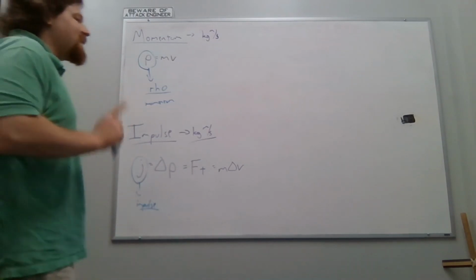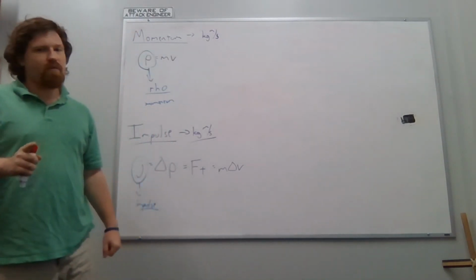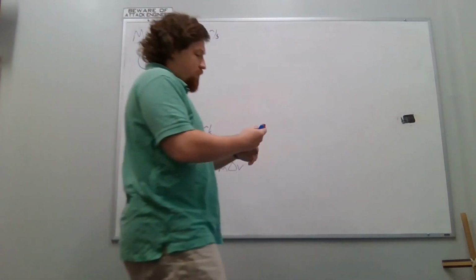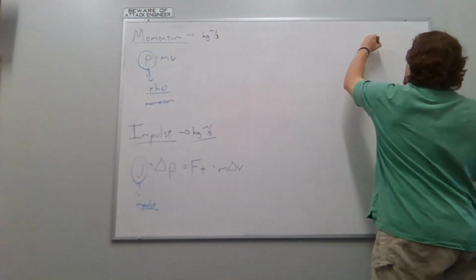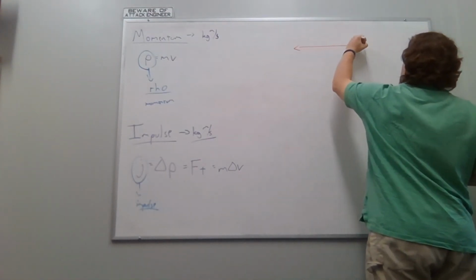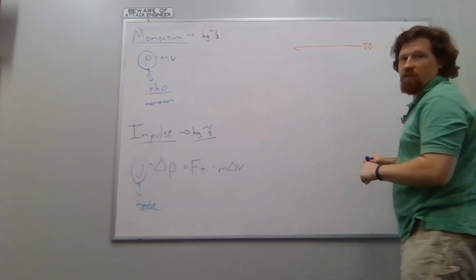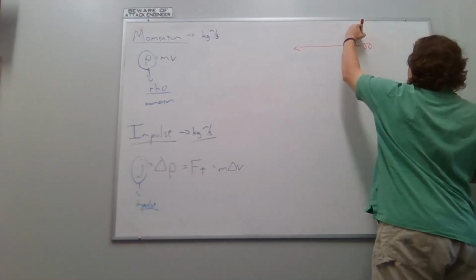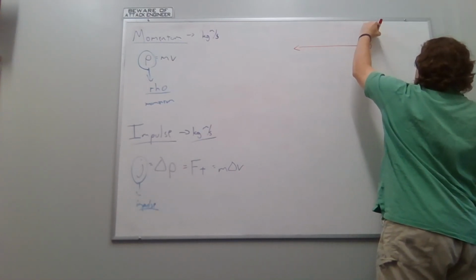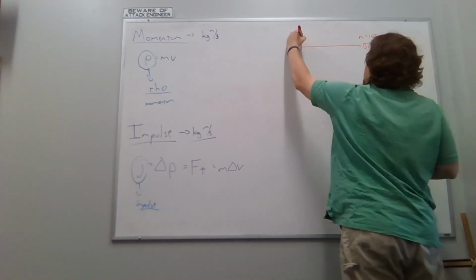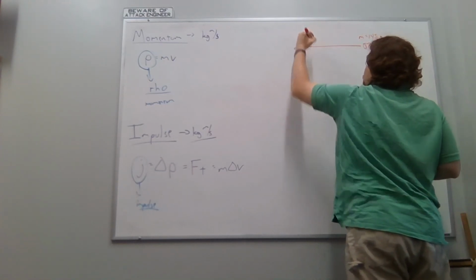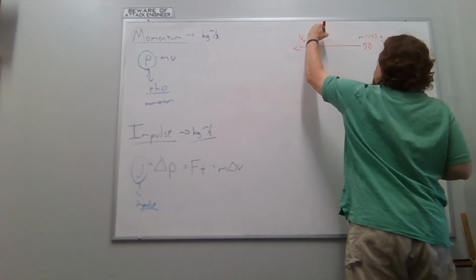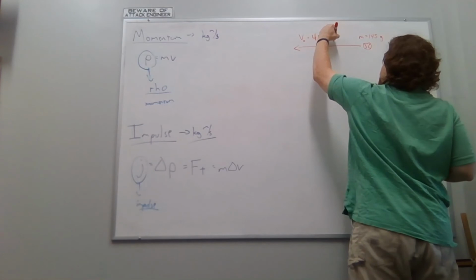Baseball is an excellent example of impulse because the whole point of the game is the ball is initially traveling forwards at some specific velocity, and in this particular case, this fastball has a mass of 145 grams, and its initial velocity is 44.7 meters per second, which is very fast.